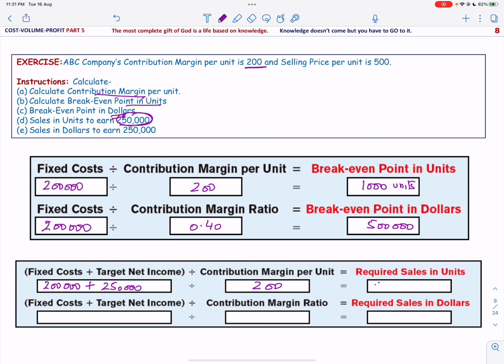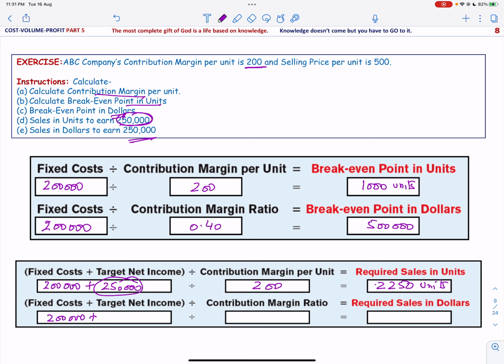So we need to sell 2,250 units to make a profit of 250,000.